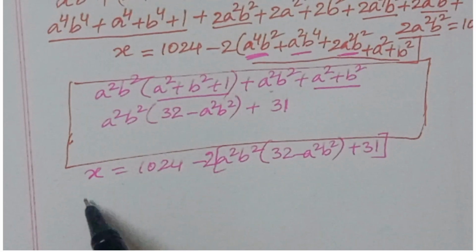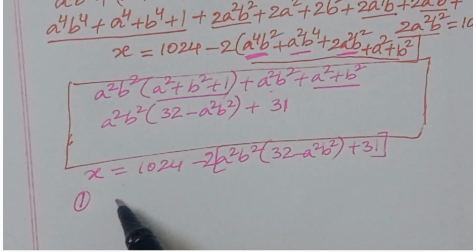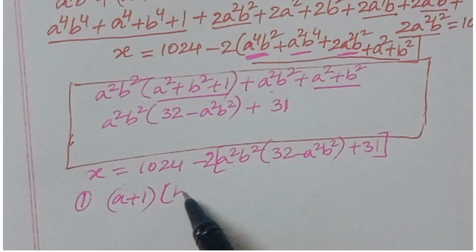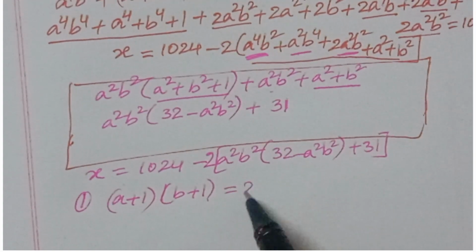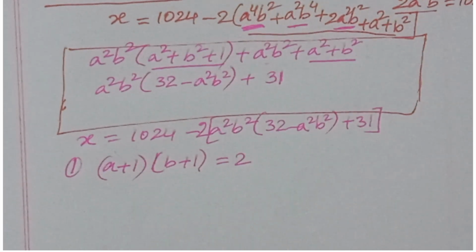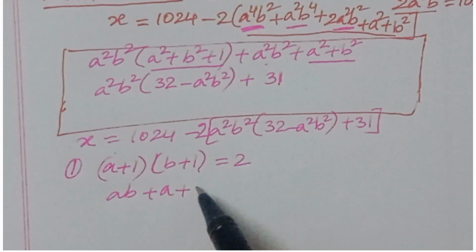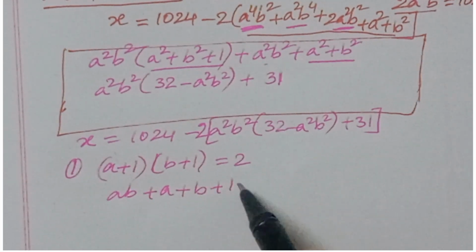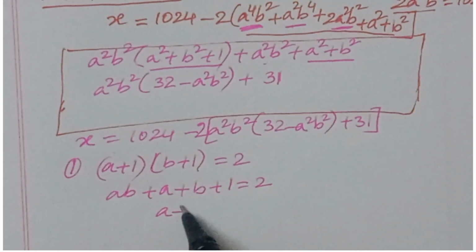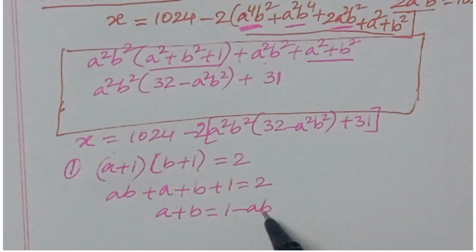Now from the first equation, a plus 1 into b plus 1 is equal to 2. If you multiply, ab plus a plus b plus 1 is equal to 2. So a plus b is equal to 1 minus ab.